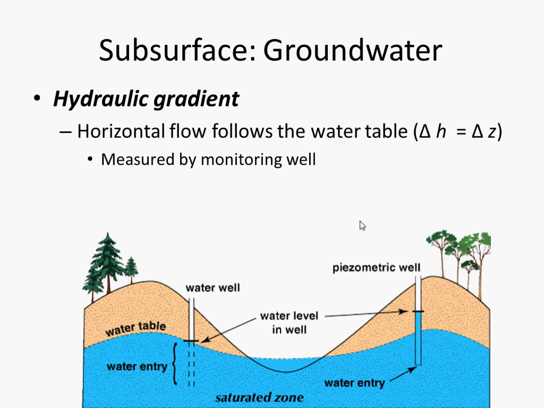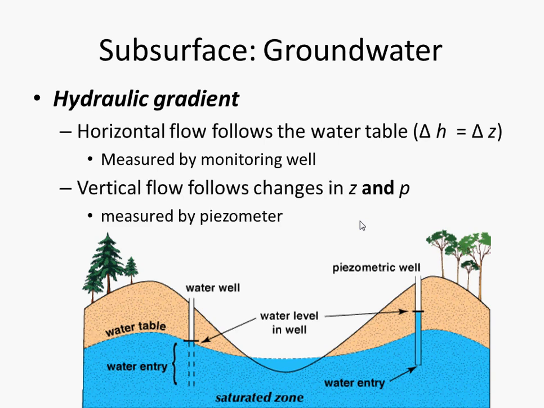Okay, so here's your sum up. For hydraulic gradient, horizontal flow follows the water table, with hydraulic head being equal to the height of the water table above sea level, and it's measured by a monitoring well. Vertical flow follows changes in Z and P, and it's measured by a piezometer.